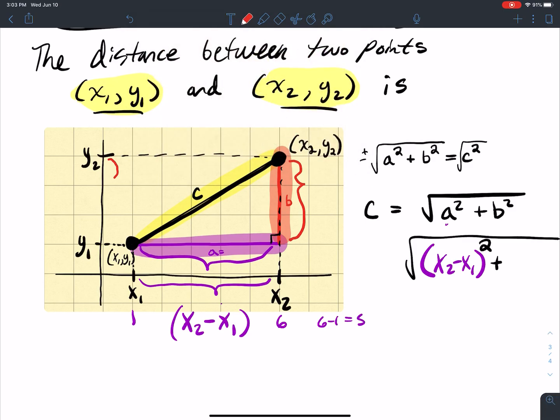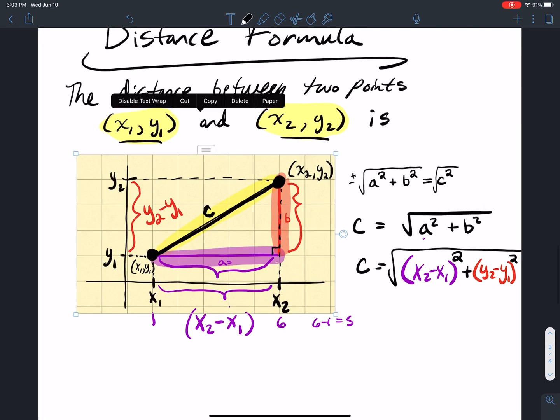That's the distance between y1 and y2, which is y2 minus y1. So that's y2 minus y1 for B, and then I square it. And so this, my friends, is my distance from the point (x1, y1) to (x2, y2).